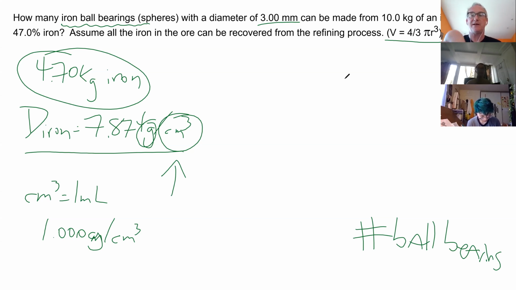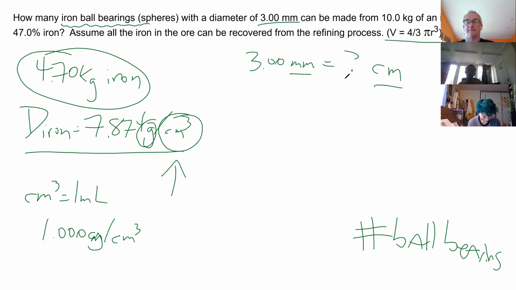So 3 millimeters is equal to how many centimeters? 30.0. No. Which one's bigger, millimeters or centimeters? You go backwards, so it's like 0.3 centimeters.